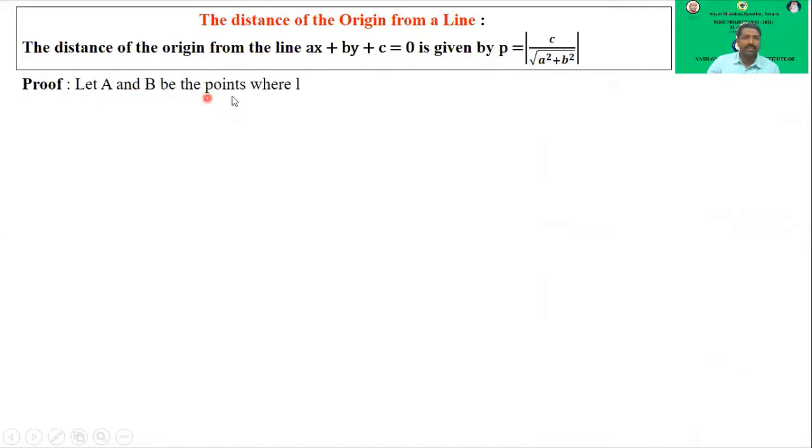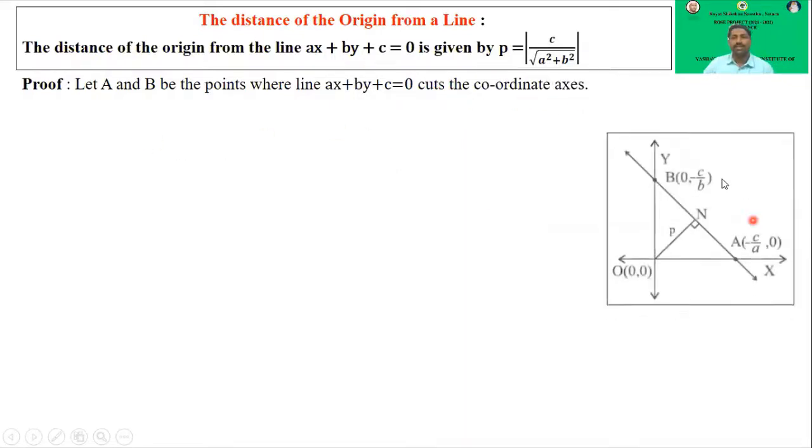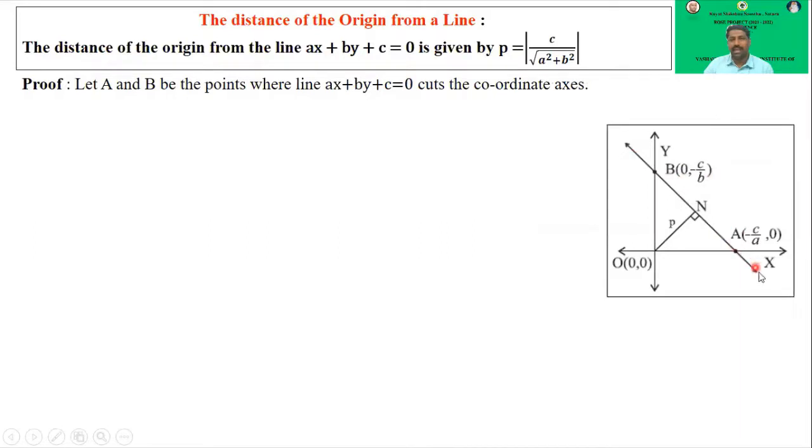Let A and B be the points where the line ax plus by plus c equal to 0 cuts the coordinate axes. So this is the figure. This is the line which cuts the x-axis at the point A and the y-axis at the point B. Putting y equal to 0, the x-intercept is minus c by a and the y-intercept is minus c by b.